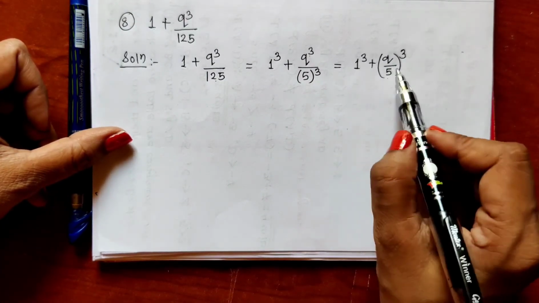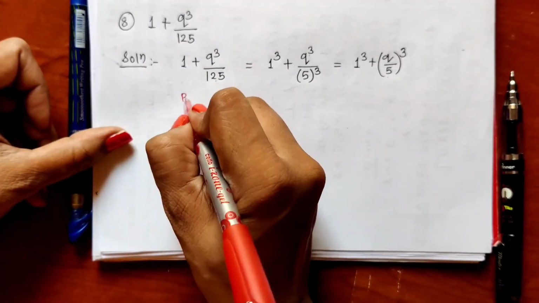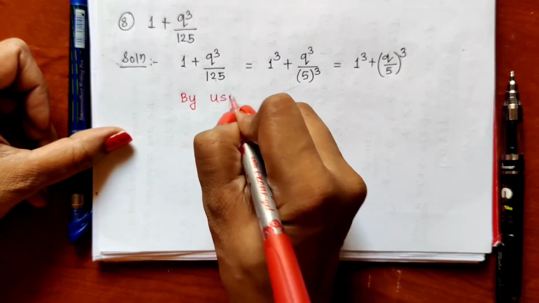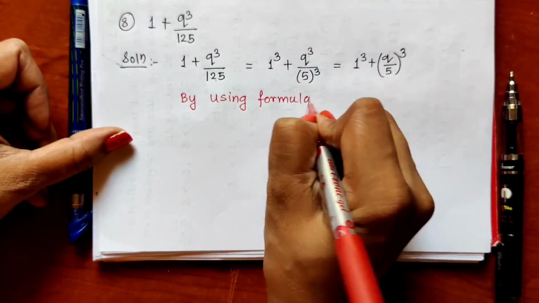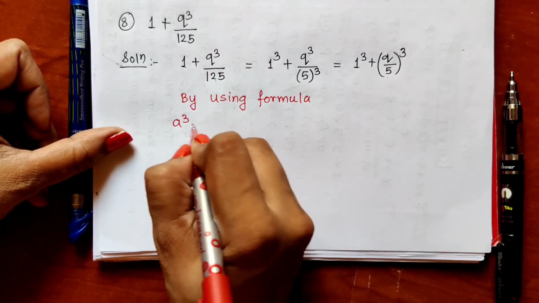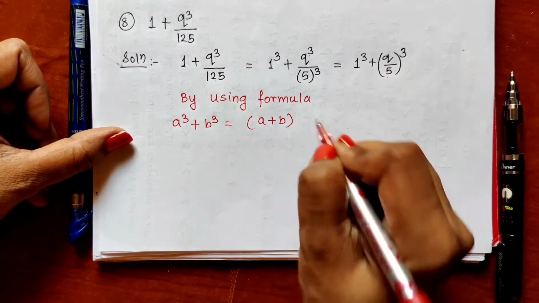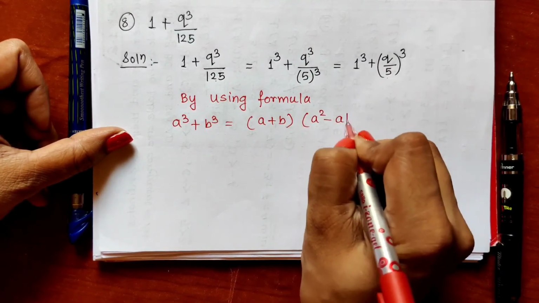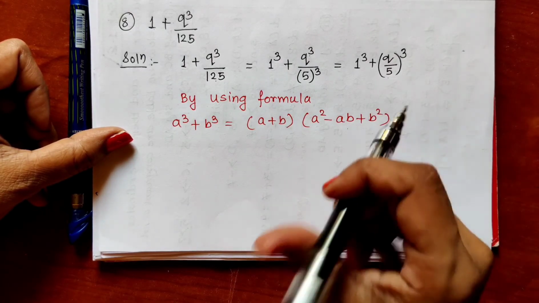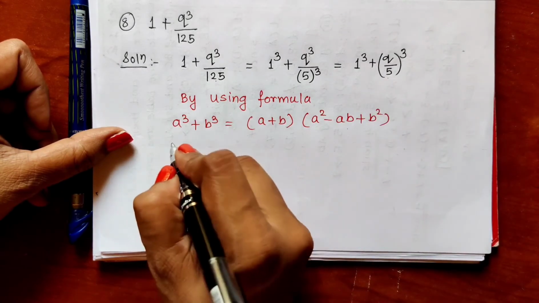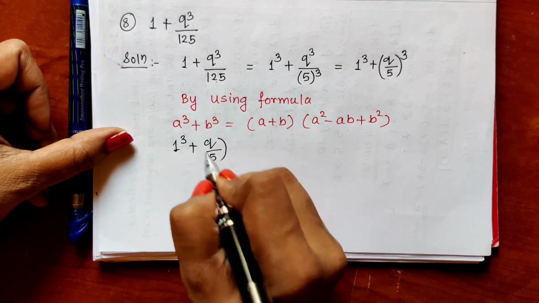Now first term cube plus second term cube we are getting in proper format. So we can use the formula. By using formula a cube plus b cube is equal to a plus b in first bracket, a square minus ab plus b square in the second bracket. Now we will be applying the formula to this answer. 1 cube plus q upon 5 whole cube.